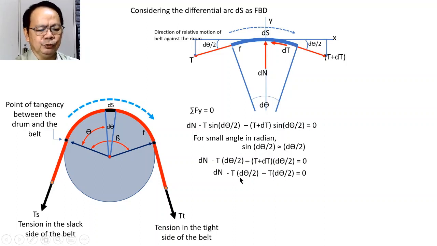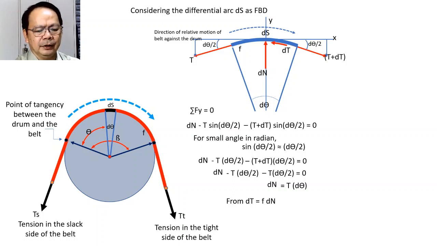And if these two terms are added and transposed to the right-hand side, the equation becomes dN equal to T multiplied by d theta. Now, from the equation, the frictional force shall be equal to the product of the coefficient of friction multiplied by the normal force.